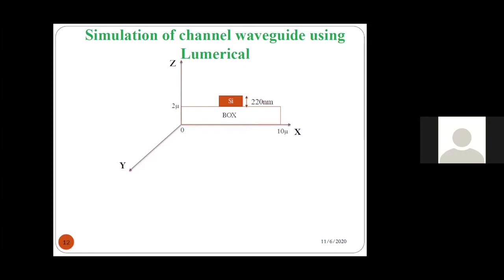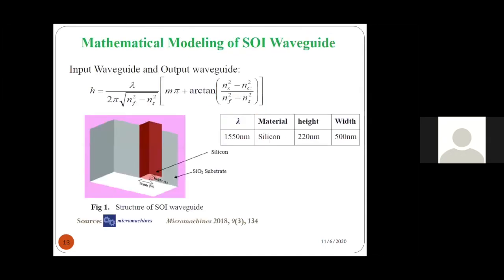Now if I design a simple waveguide, let us say at 1550 nanometer, this is the simple thickness calculation equation, which I have determined for 1550 nanometer. This height calculation equation is referred from one of the standard textbooks.